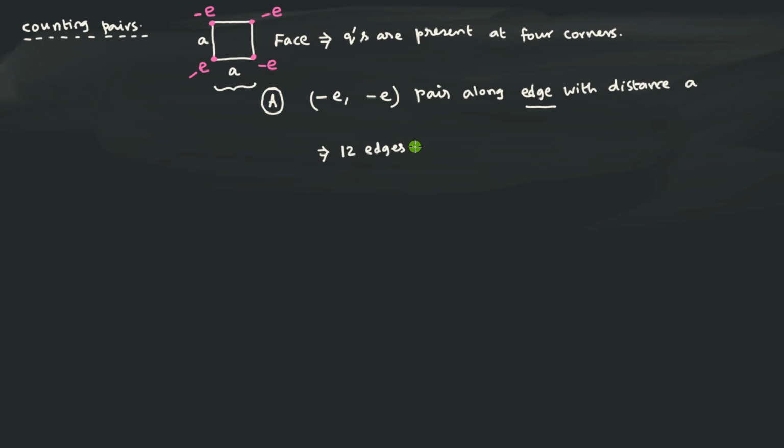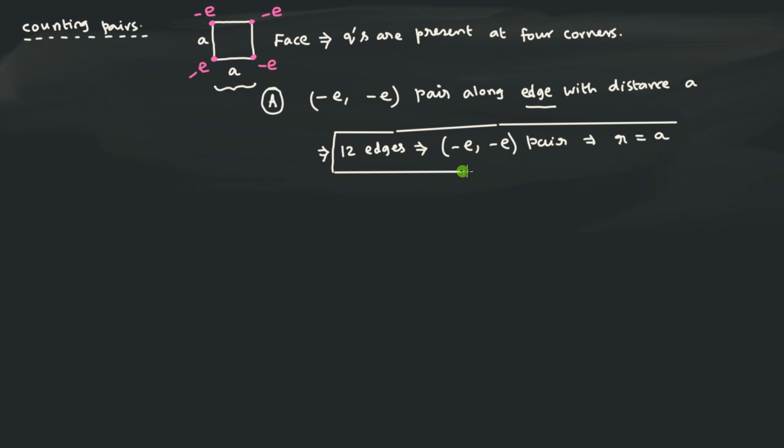In these 12 edges, you have a minus E comma minus E pair. And then the corresponding distance between the two charges will be A. So this is what I want to tell. So let me just keep one box here, so that similar to this one, you have to make other information. You have to gather similar information and then you can solve the problem.